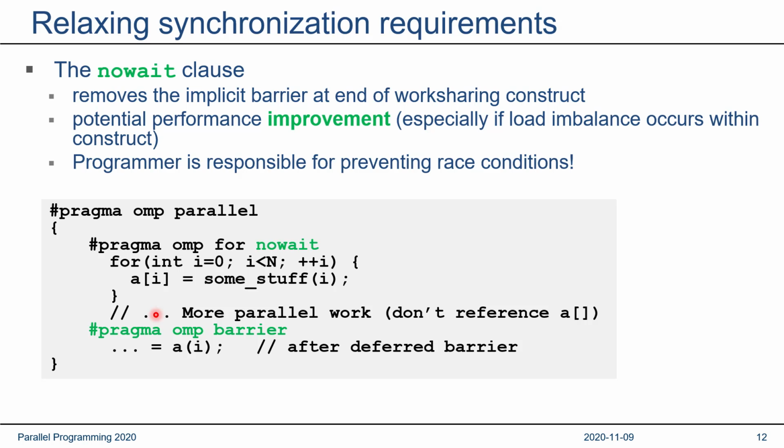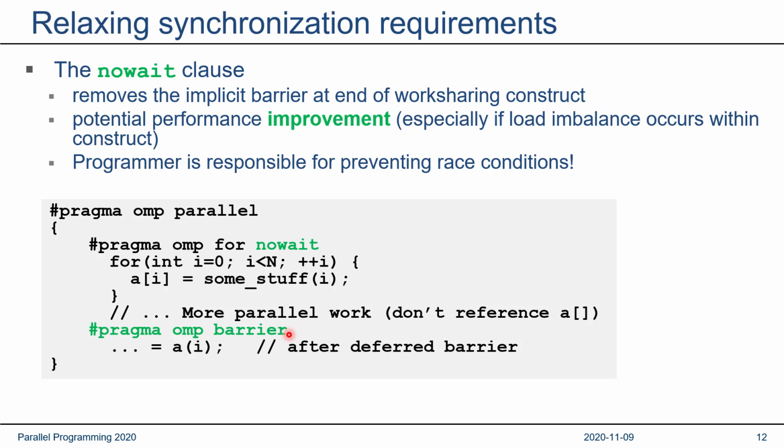There could be multiple parallel loops, for example, not referencing a of i. But somewhere at the end, you will need a of i in the parallel region. So there you could put then an explicit barrier. It's like a deferred barrier that synchronizes all threads and makes really sure that a of i has been updated in its entirety. And then only after this explicit deferred barrier, you can actually use a of i.